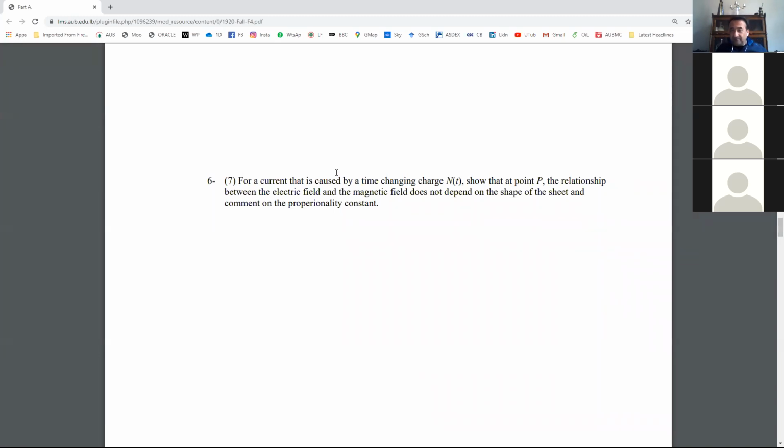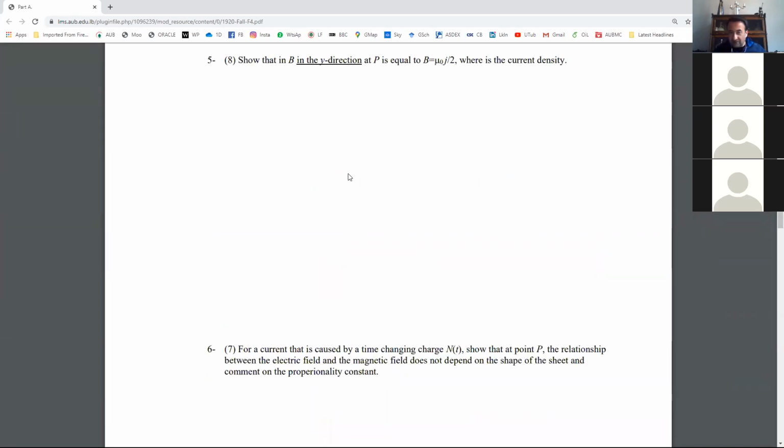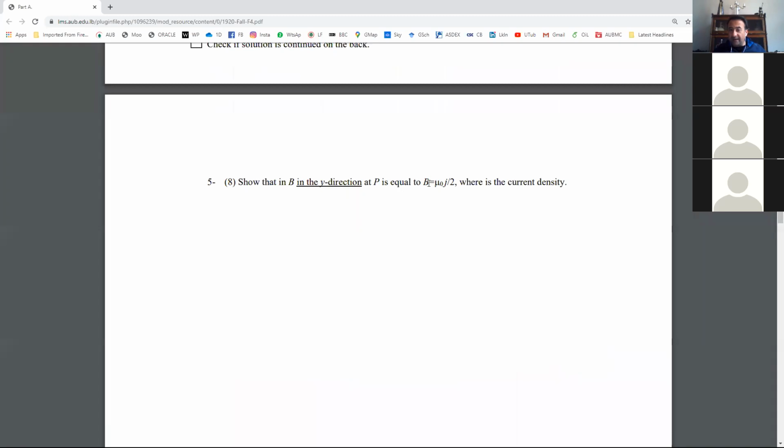Consequently, if n is time dependent, this means that my I equal to dn over dt is time dependent, right? If my I is time dependent, then B, the one that is mu0 J, even if you can take it from here, J is 1 over a I. Right?